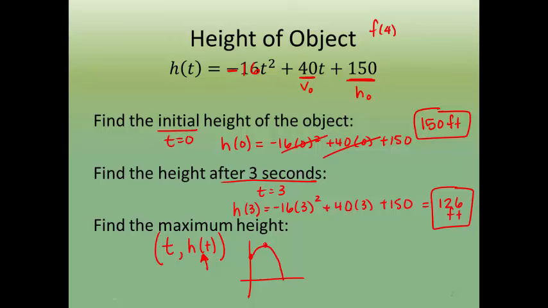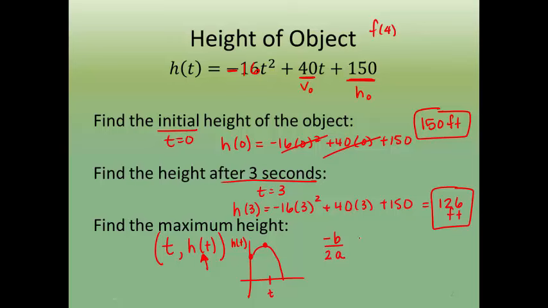So the maximum is asking for the vertex. But I don't want the x value of the vertex, I want the y value. To find the vertex, we learned from our graphing portion that we took the opposite of b and divided it by 2 times a. That's how we found the x value of the vertex. We substituted that in and found the y value of the vertex.